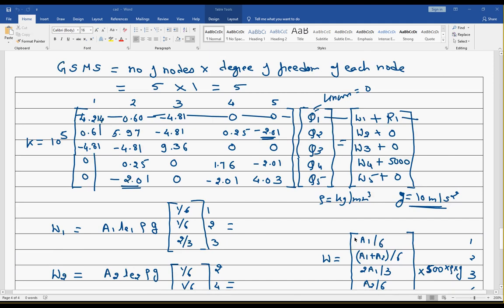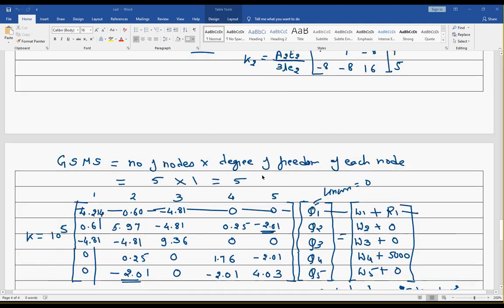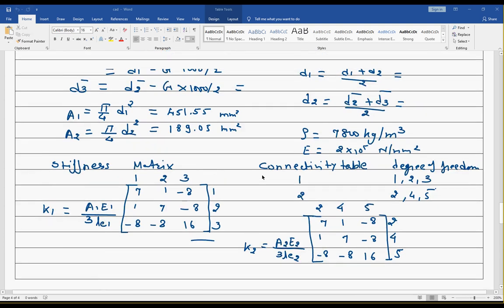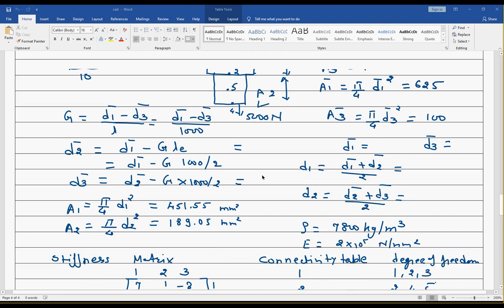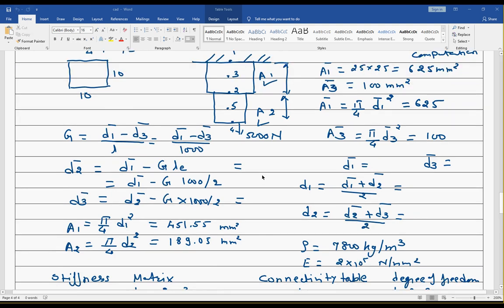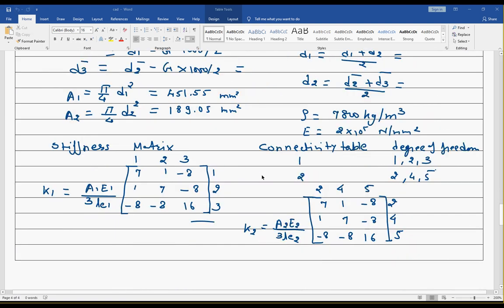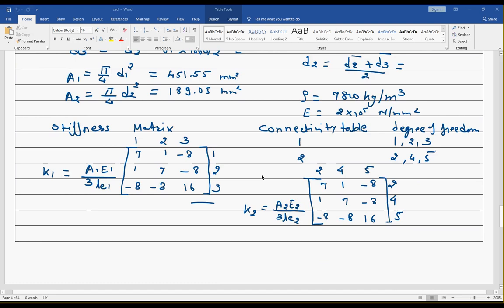Last time we were at this location and we are supposed to calculate all these W's. Area A1 is calculated. You have all calculated. So D1 you have A1 is 451.55.